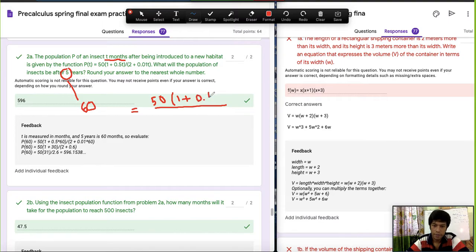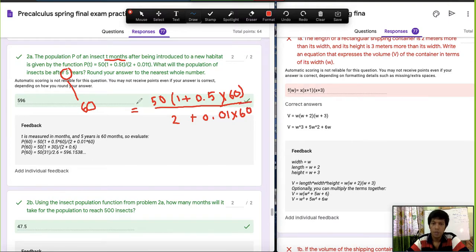0.5, then T. T means what? T means 60, because they said for 5 years, what will be the number of insects, find it out. So this means 60, then divided by, you write it here, 2 plus 0.01, and then again T means 60.